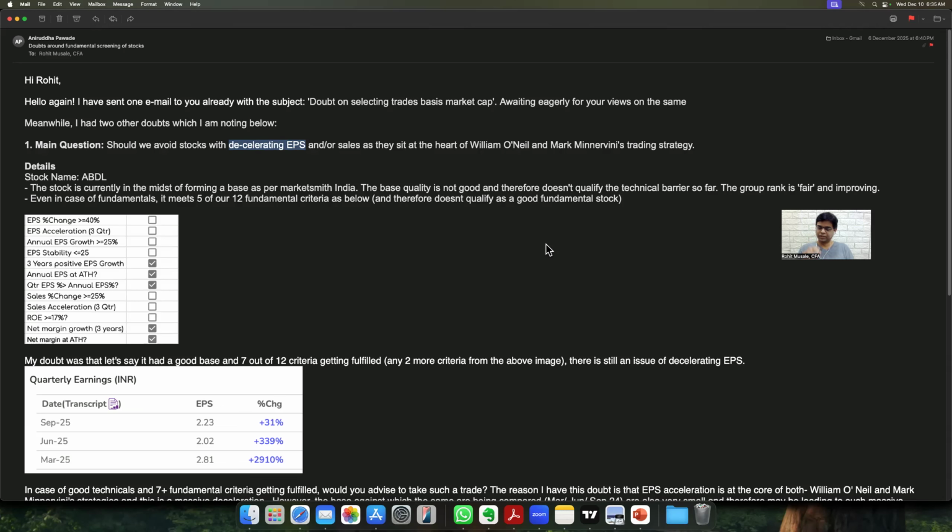Which company do you think carries more risk? Which company do you think carries less risk? Obviously, the company with accelerating EPS growth in the latest 3 quarters would carry less risk. That is my approach. I will not outright reject a stock.